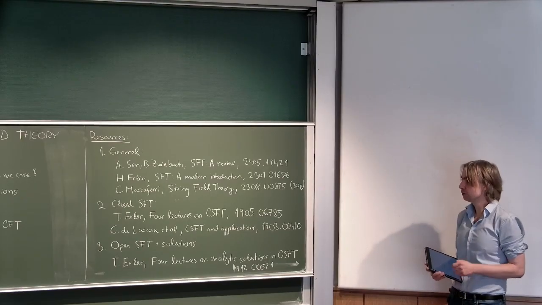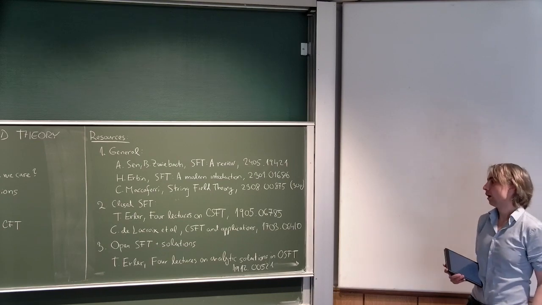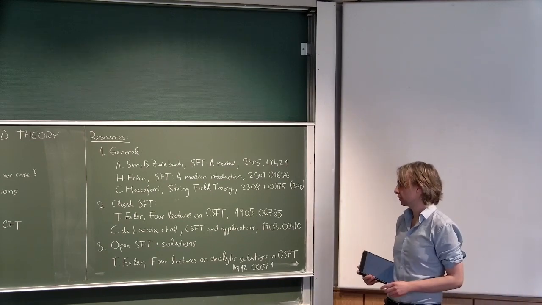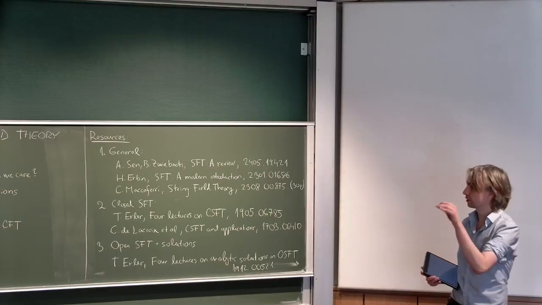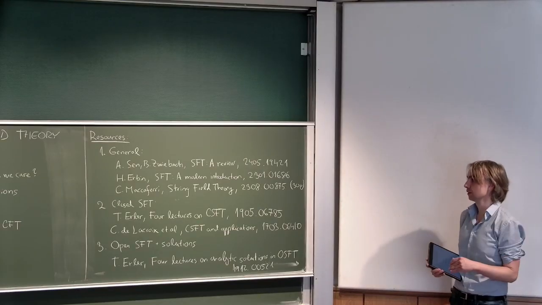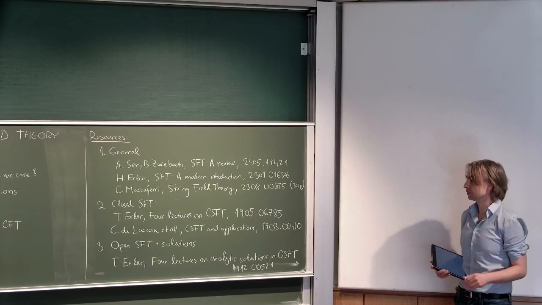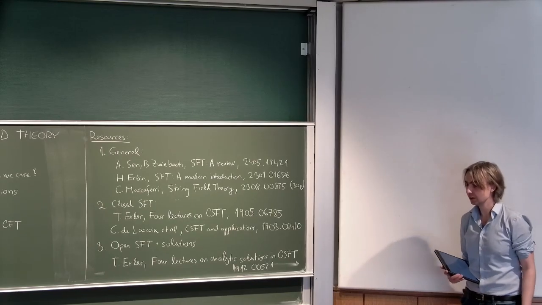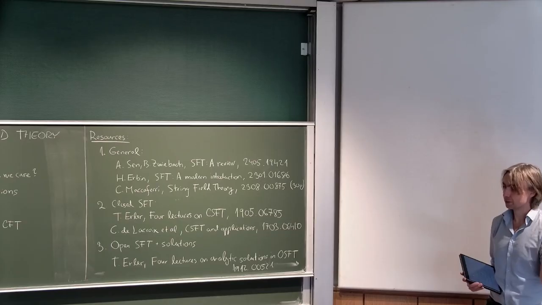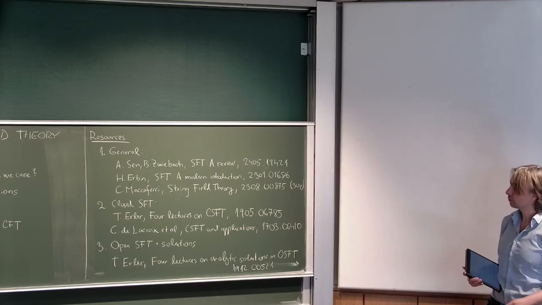Then in part 2, usually in string theory, we think about CFTs as tools. That is, we typically take a 2D CFT and use it to tell some interesting things, compute some observables in string theory.